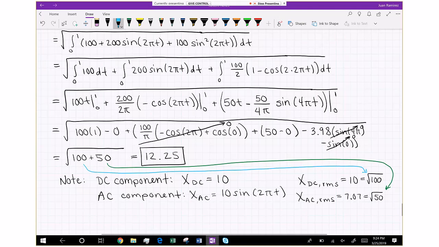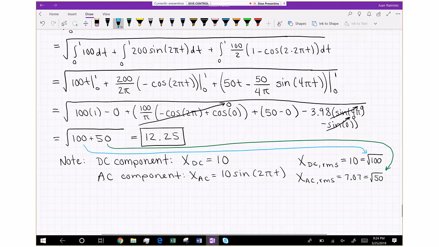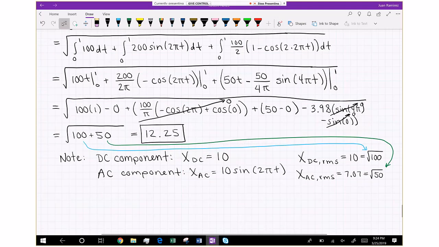We have the DC component of the RMS and the AC component of the RMS, both in that final step of the calculation. It turns out that a signal that is sinusoidal and potentially includes a DC component can be represented in RMS form with a shorthand calculation, the way we've seen for the others.